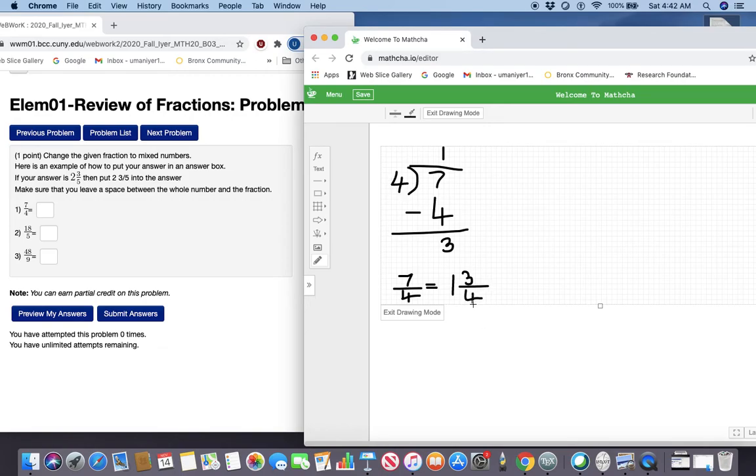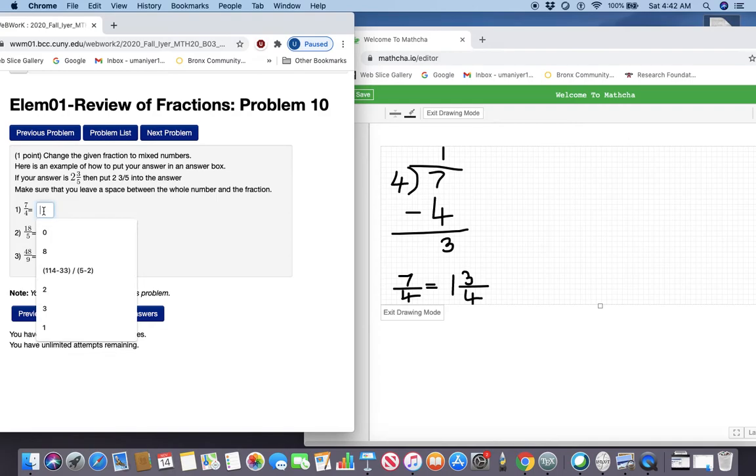So remember, the denominator continues to be a denominator. So this is 1 space 3 over 4. That's how they want you to write. Number space your fractional part. So this is the whole part. This is the fractional part of your mixed number.